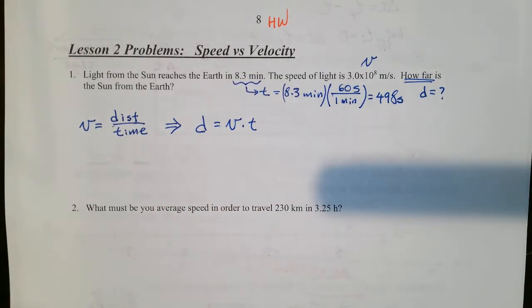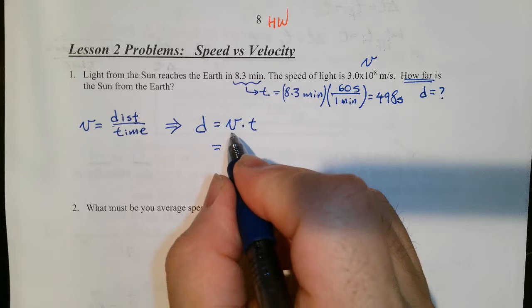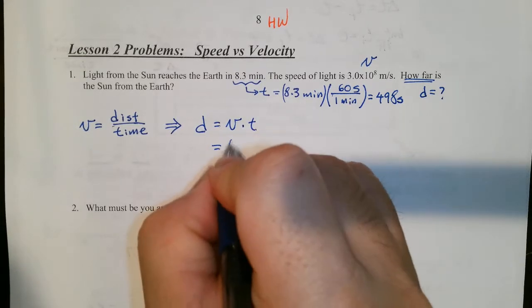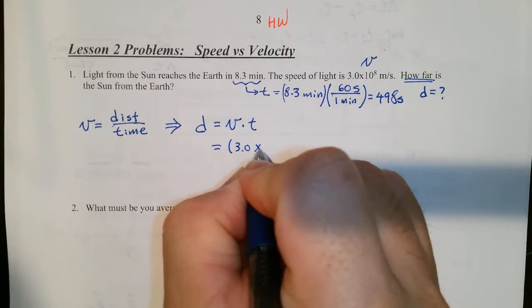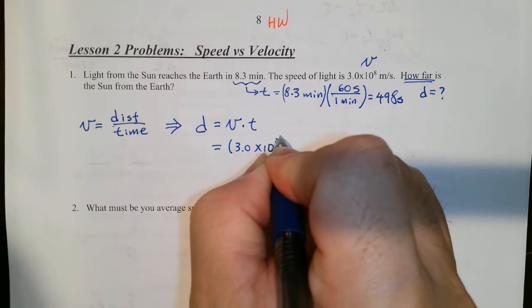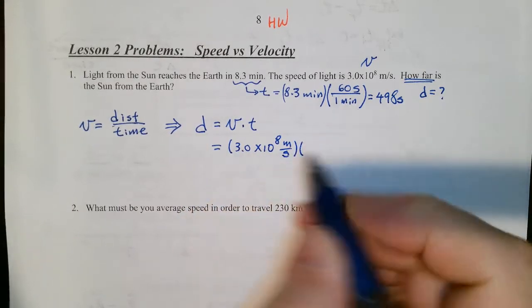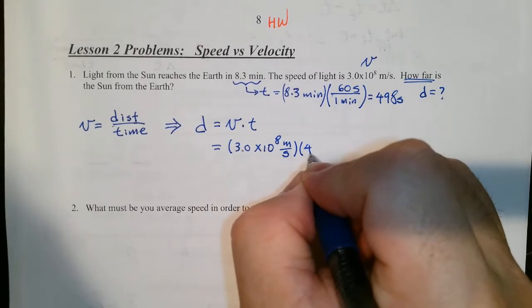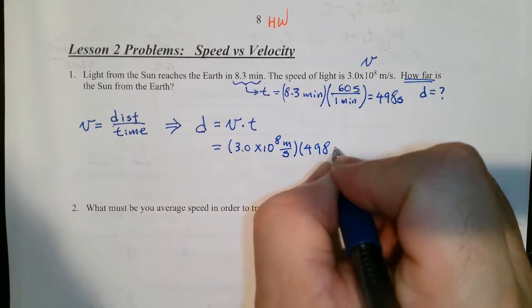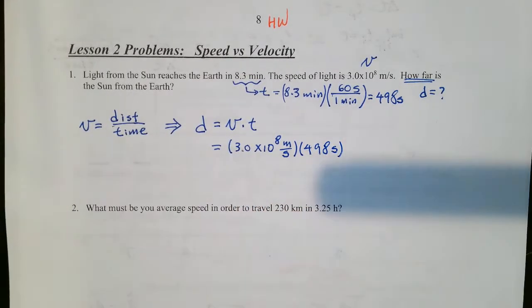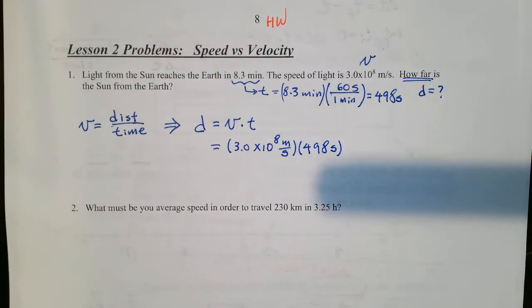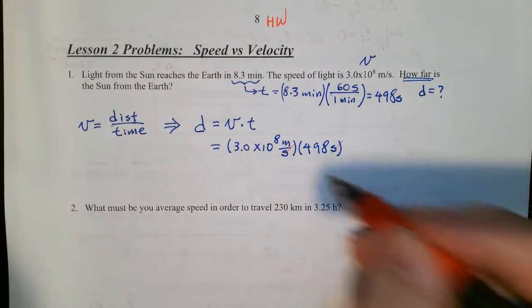So our speed, which happens to be 3.0 times 10 to the 8th meters per second, times time, which is 498 seconds. Okay, notice how the seconds will cancel out nicely.